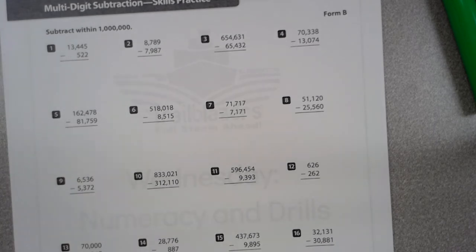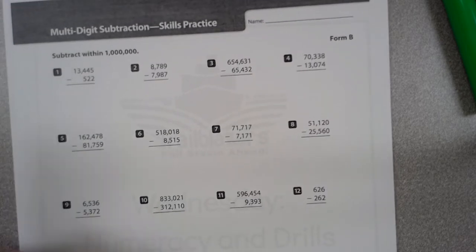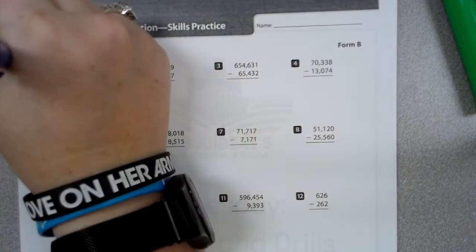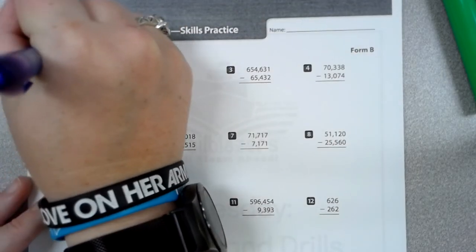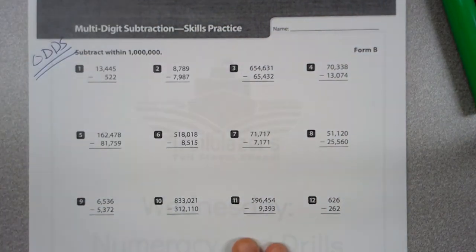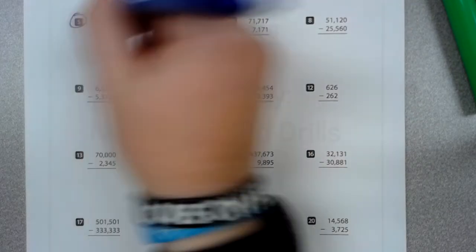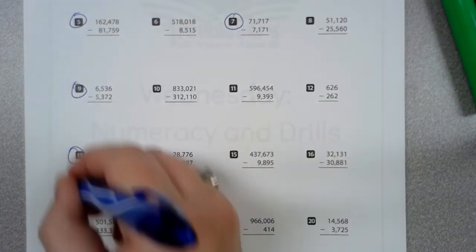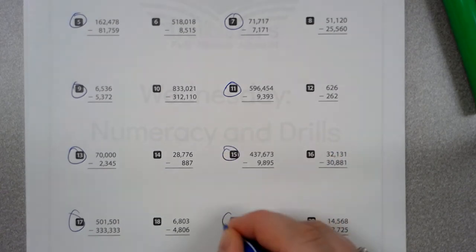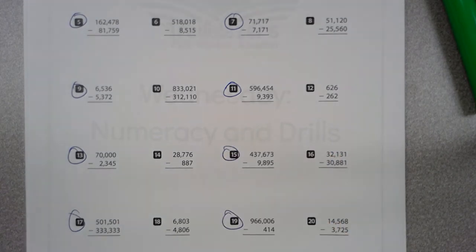I'll make you a deal with this one too. All you have to do is the odds. That's 1, 3, 5, 7, 9, 11, 13, 15, 17, 19. So all you have to do are the odd problems. Please don't get me into trouble.